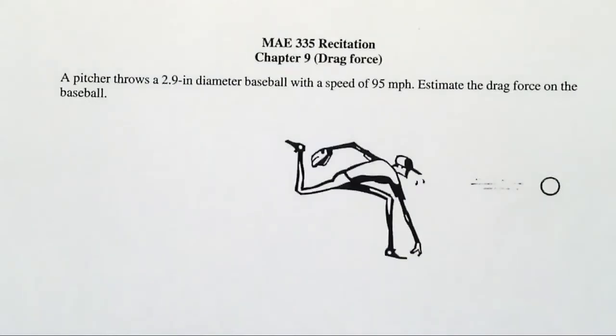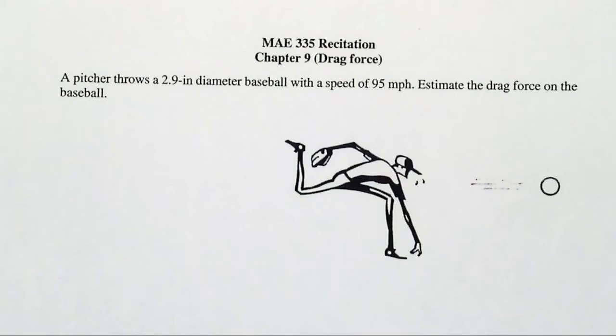Okay, so example 1, finding the drag force over a smooth object like a ball. A pitcher throws a 2.9-inch diameter baseball with a speed of 95 miles per hour, and it asks you to find the drag force on the baseball.